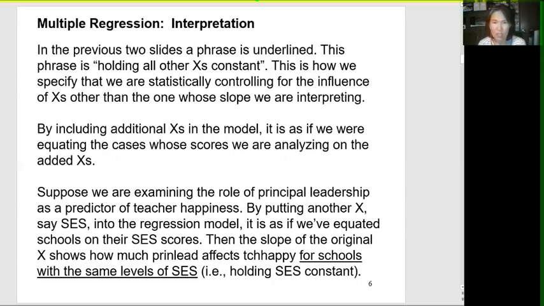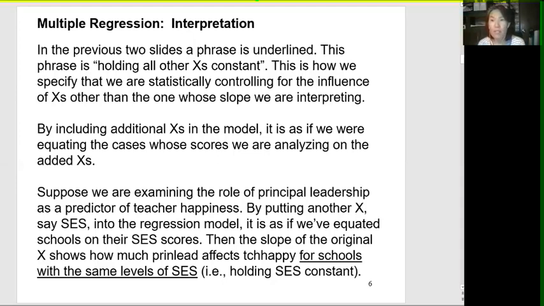Suppose we are examining the role of principal leadership as a predictor of teacher happiness. So think about it. If you have a job and your boss is disturbing you, then your happiness level will be lower, right? By putting another X, say SES, socioeconomic status, into the regression model.